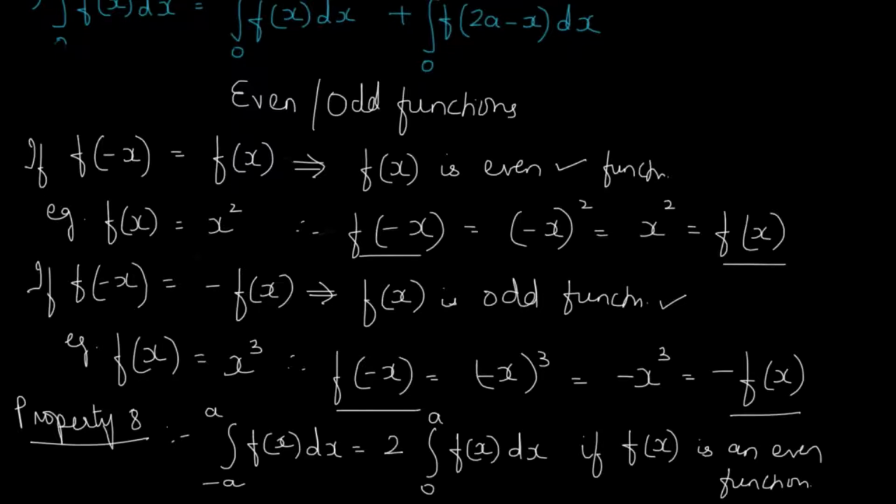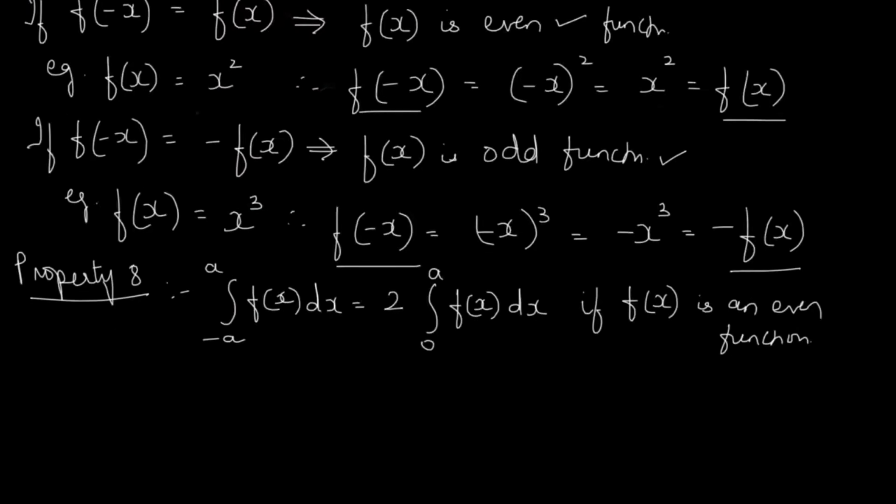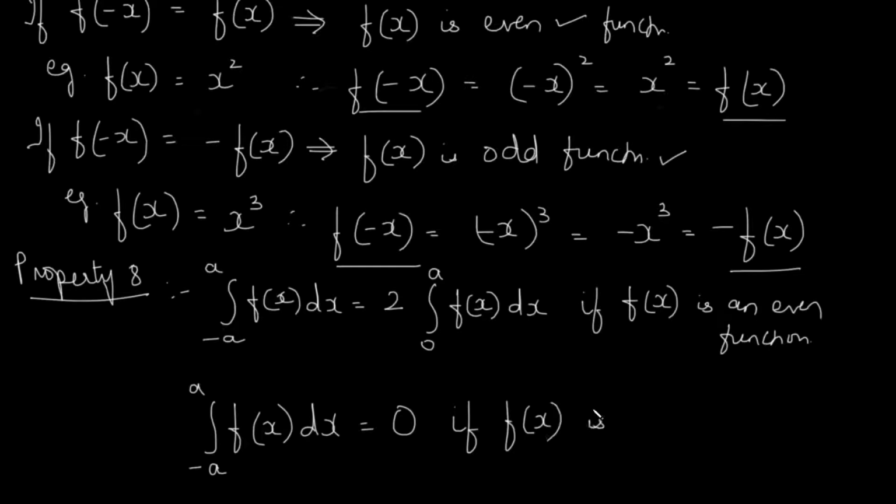And suppose we have the same type of integral from -a to a f(x) dx, then the value of this integral becomes 0 if we find that f(x) is an odd function. Again, this property we may be applying in certain sums which are there.